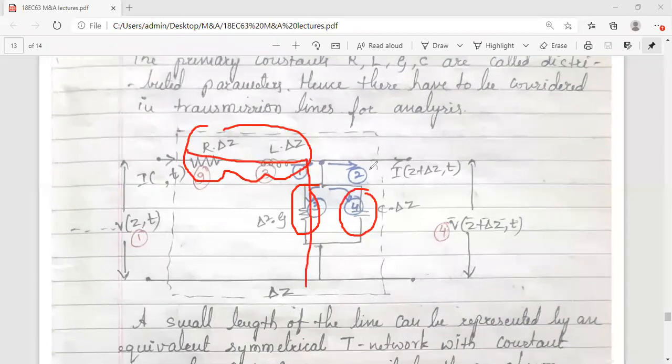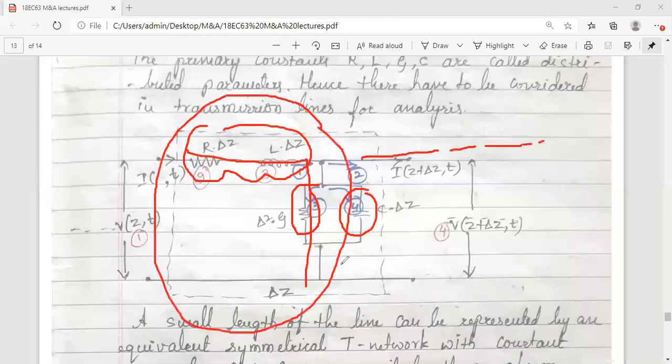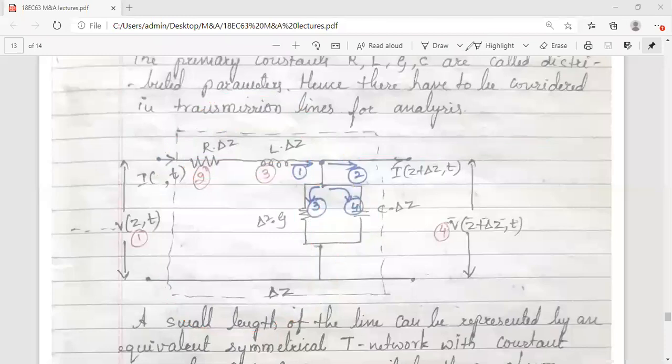Like this, and the remaining will all repeat again. So let me just consider one circle. That's it. This is the circuit, a small per unit length circuit which we will consider for the transmission line equation analysis. Hope you understood whatever we have discussed till now. Any doubts in this, please ask questions.